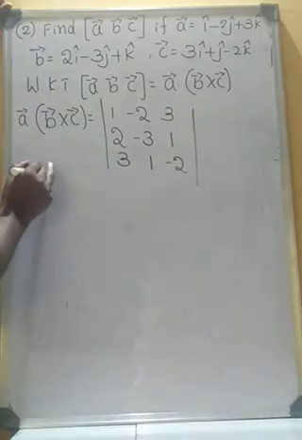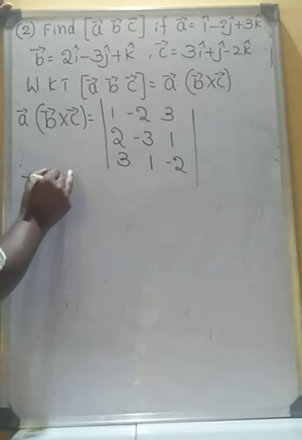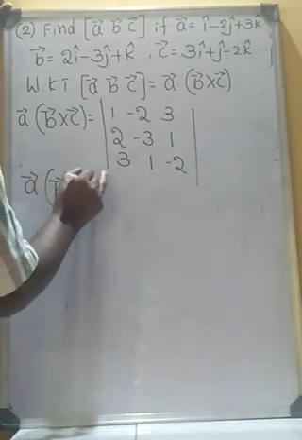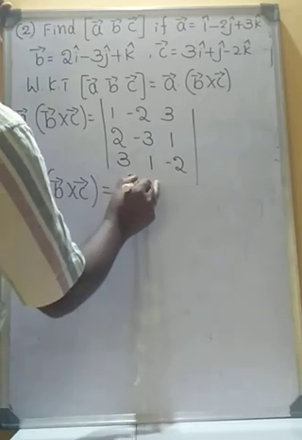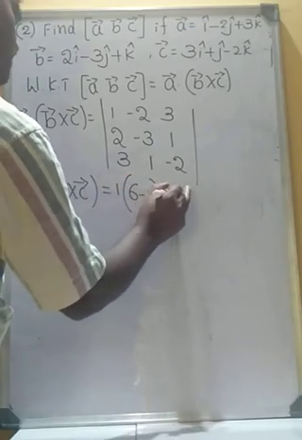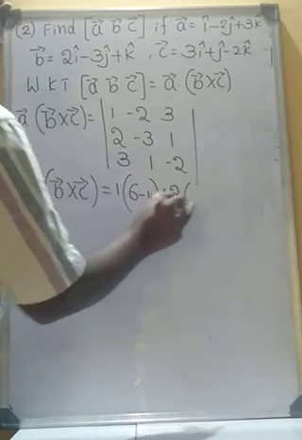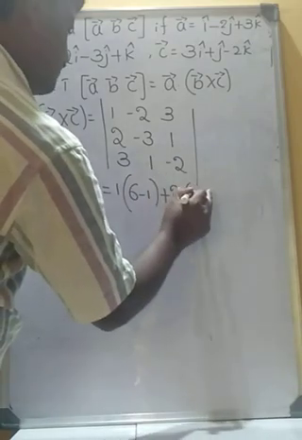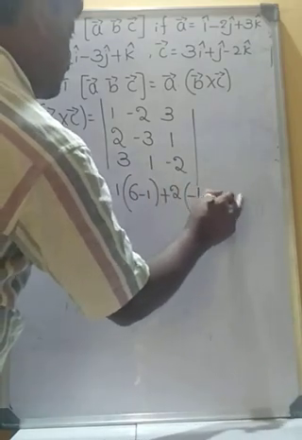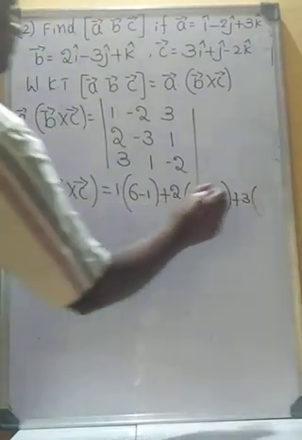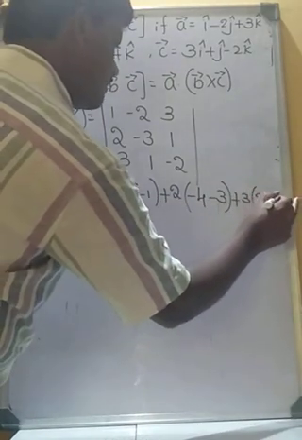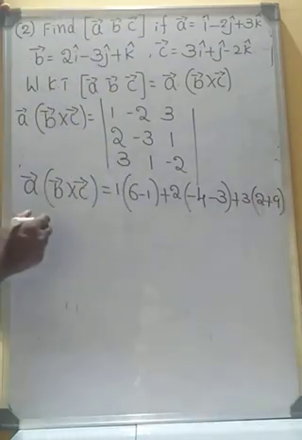Therefore it is equal to 1 into (6 minus 1), minus minus 2 into (minus 4 minus 3), plus 3 into (2 plus 9).